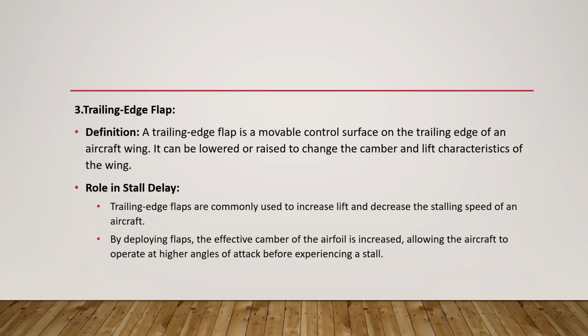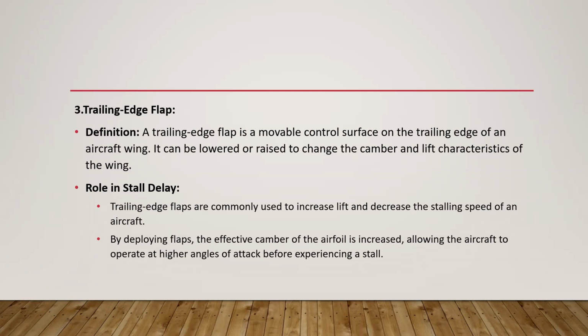Coming to the trailing edge flap, it is also one of the methods to delay the stall, and we'll discuss it here. A trailing edge flap is a movable control surface on the trailing edge of an aircraft wing. It is lowered or raised to change the camber and the lift characteristics of the wing.